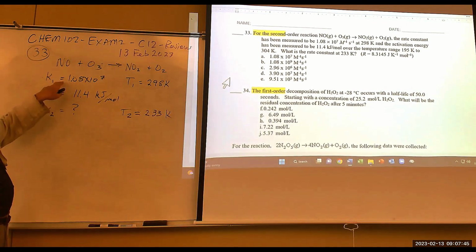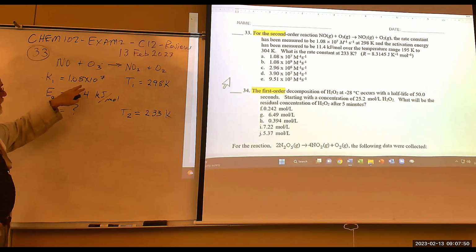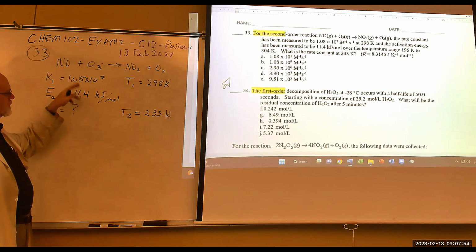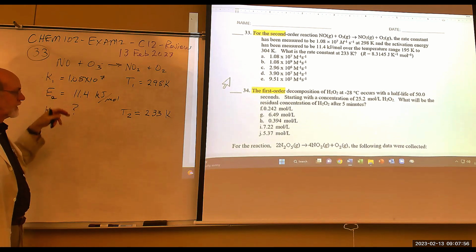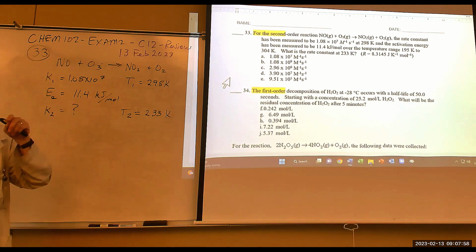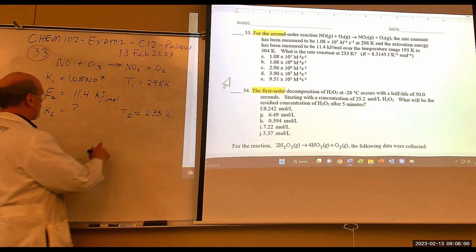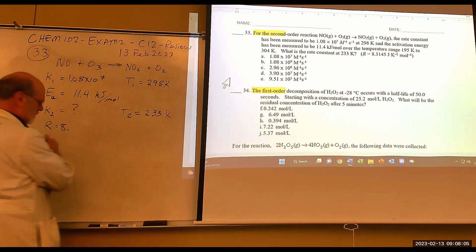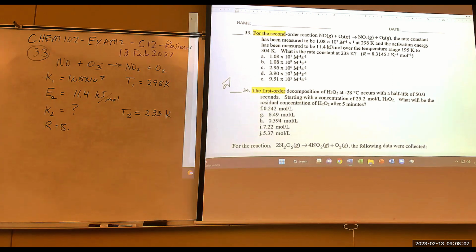We've got this one is our rate constant k1. We want to know k2. And the units really don't matter because the calculation is going to give us the same units we started with here. But our R value is what? R is 8 point, what? I got to look it up.